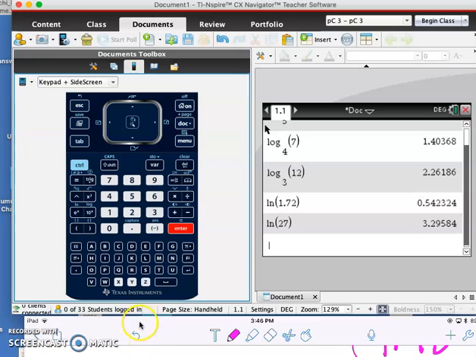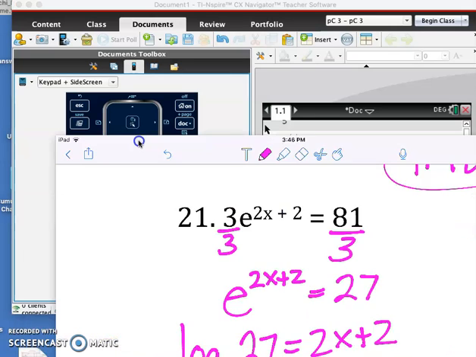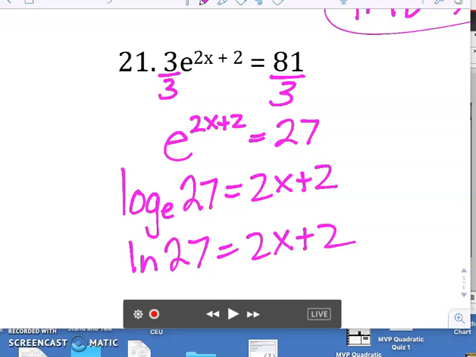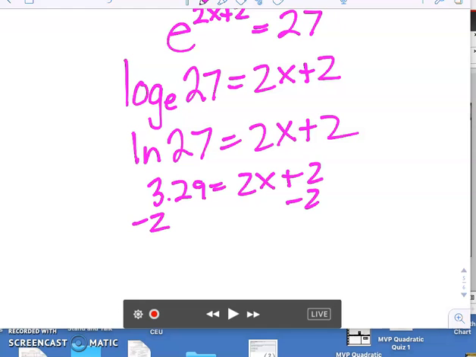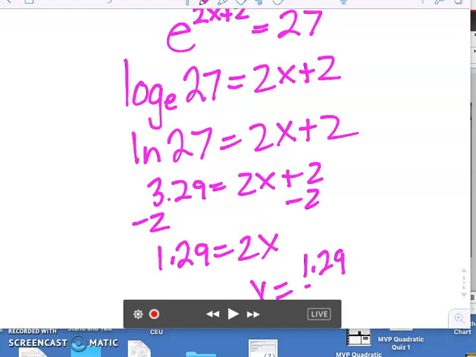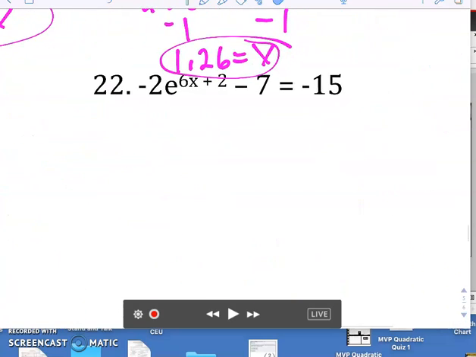So we have 3.29. So 3.29 equals 2x plus 2, minus 2, minus 2. So 1.29 equals 2x. So x is 1.29 divided by 2. And you can see what that is.